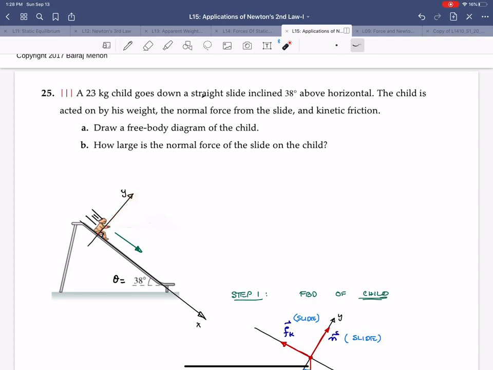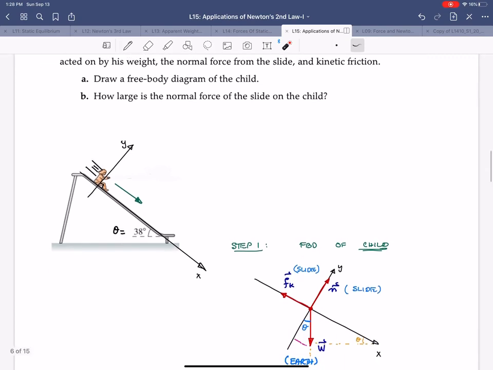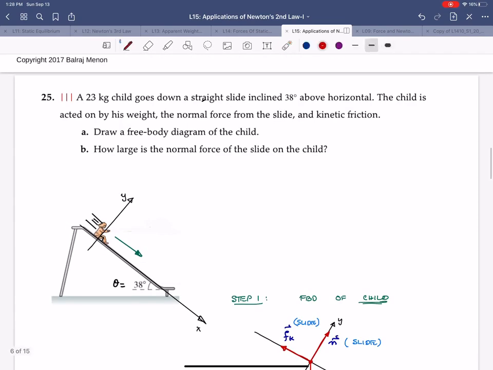And the child is sliding down. Let me put that down as a statement before we proceed.